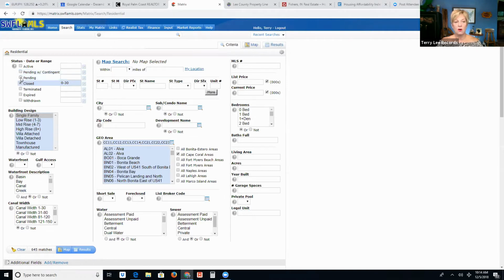I forgot what the inventory number was, it was 2,190. So 645 goes into 2,190 about 3.5 times, so 3.5 months. My absorption rate for that city is 3.5 months.